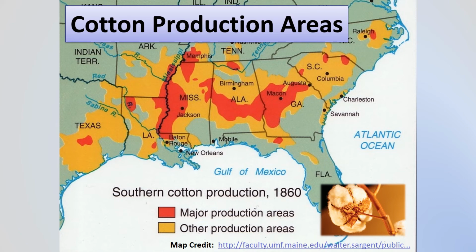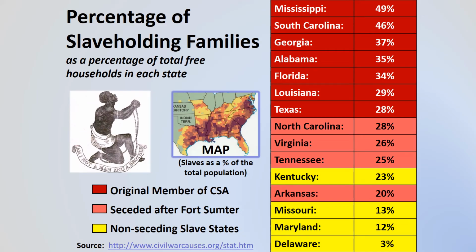So these were the main crops and dependent upon slave labor. This shows you the percentage of slave-owning families. And you can see the original states that seceded were the states that had the heaviest percentage of enslaved people.